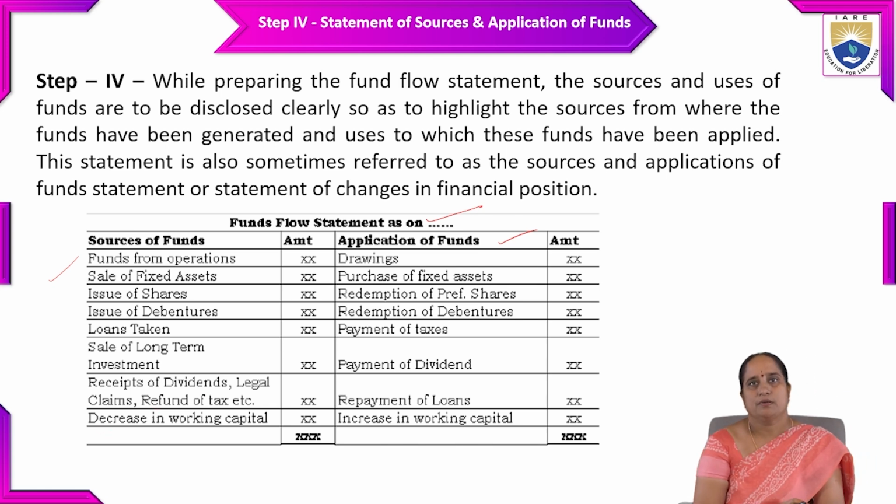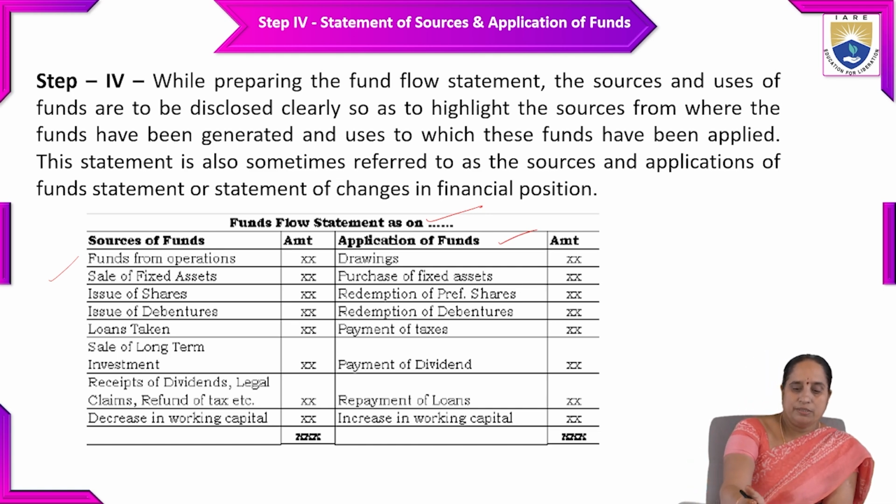And coming to application of funds, the funds which are spent on various applications of the business like drawings, purchase of fixed assets, redemption of preference shares, redemption of debentures, payment of taxes, payment of dividend, repayment of loans, all those things come under application.